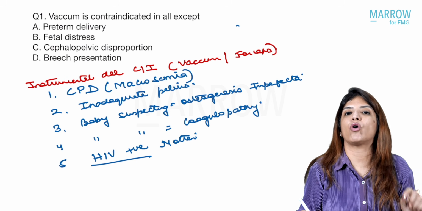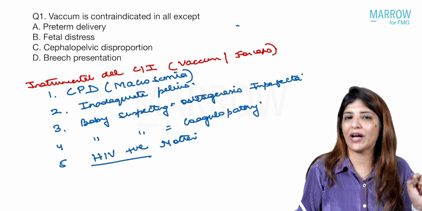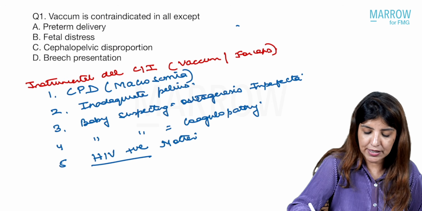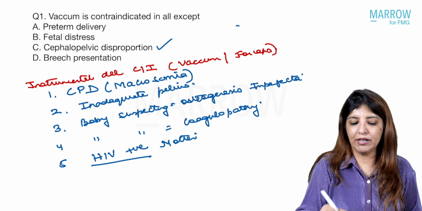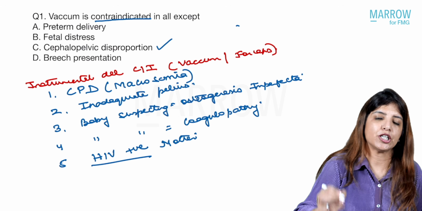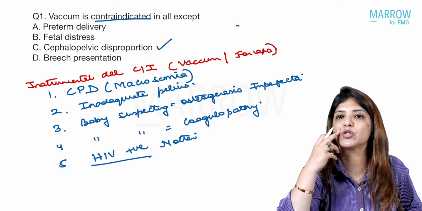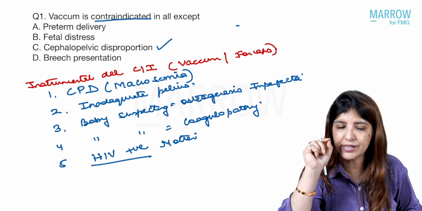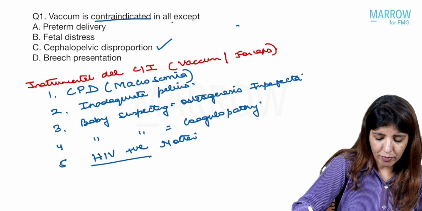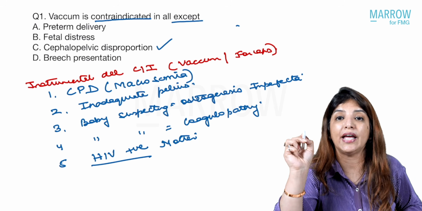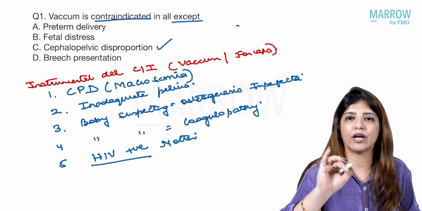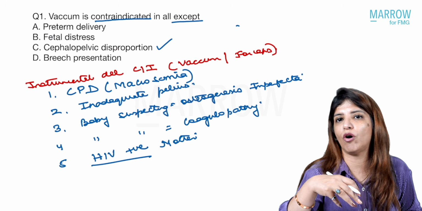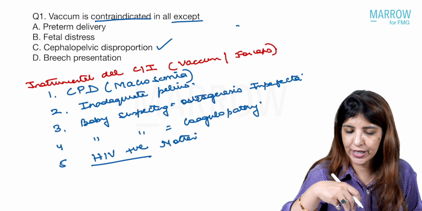So these are contraindications for applying both vacuum and forceps. This means that yes, in CPD, vacuum delivery is contraindicated. Please read your questions always very carefully and mark the key points. They have asked you vacuum is contraindicated in all except, right? So yes, in CPD it is contraindicated because any kind of instrumental delivery is contraindicated.